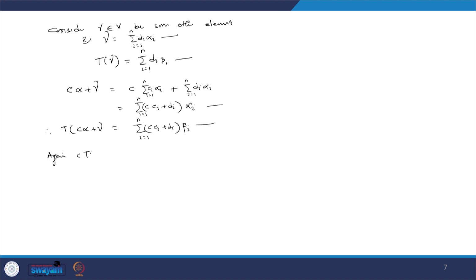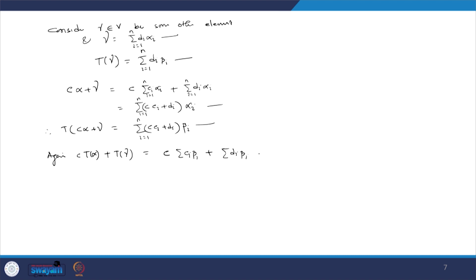Again, C times T alpha plus T gamma will be equal to how much? According to the definition we have seen, C times sigma Ci beta i plus sigma di beta i.